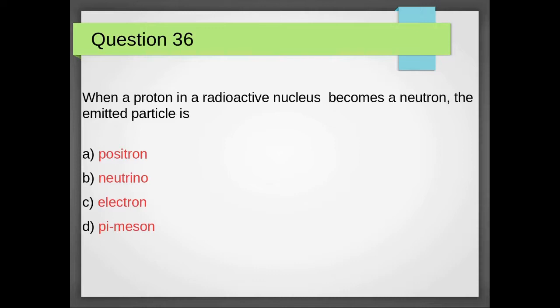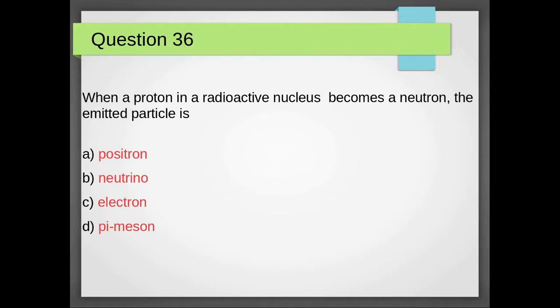Question 36. When a proton in a radioactive nucleus becomes a neutron, the emitted particle is. A proton rarely becomes a neutron, and in a natural arrangement of things this kind of nuclear reaction is very rare.